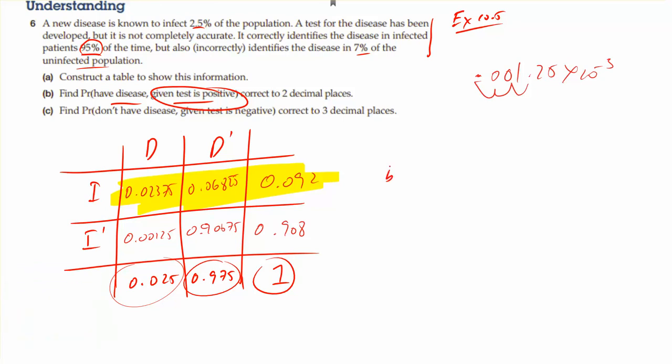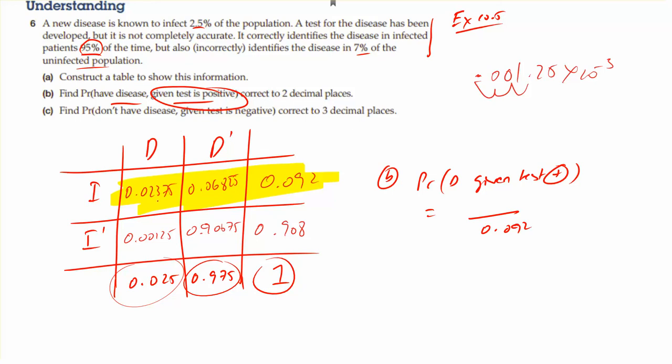So for part B, D given that they test positive, the total would be the total of test positive, 0.092. What's the probability out of that they have the disease?